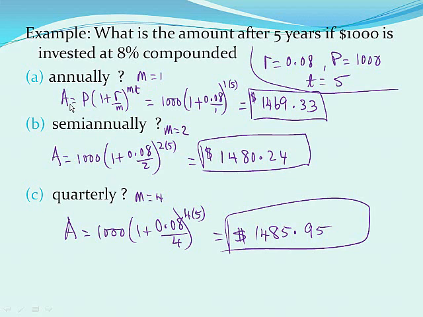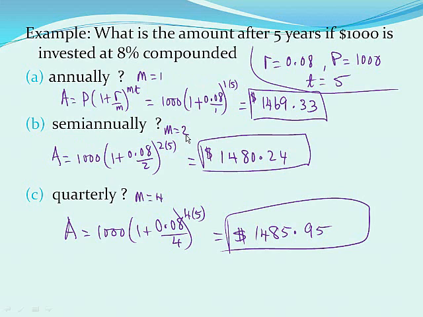So we can again substitute in the formula amount equal to P times 1 plus R over M to the power MT. Notice that M equal to 1, T equal to 5 years, rate is 8%, so we convert it back to 0.08. The answer for that will be 1469.33. If the interest is compounded semi-annually, that means every 6 months interest is added to the principal, the M value will be 2.